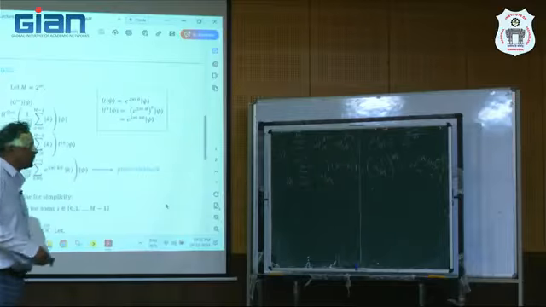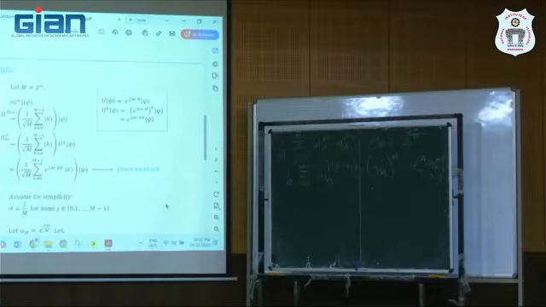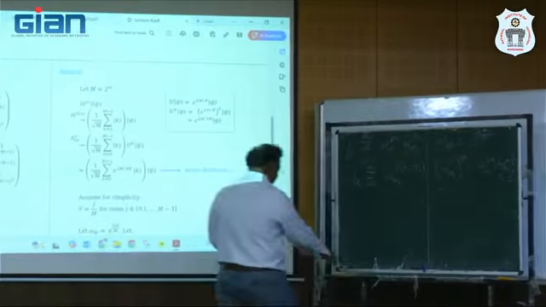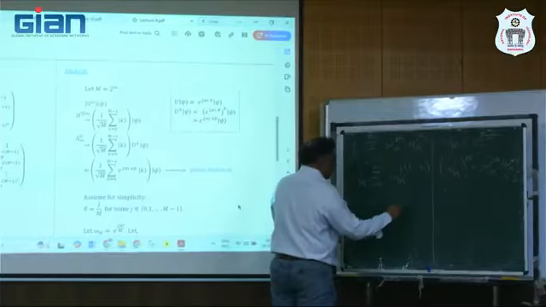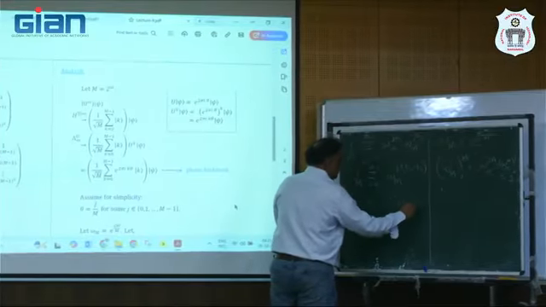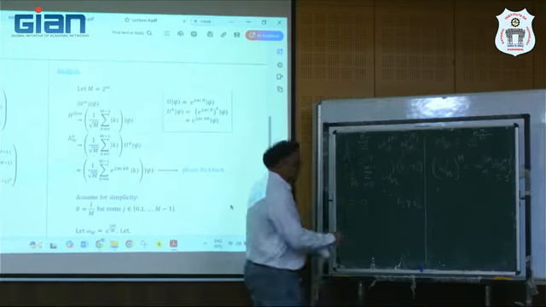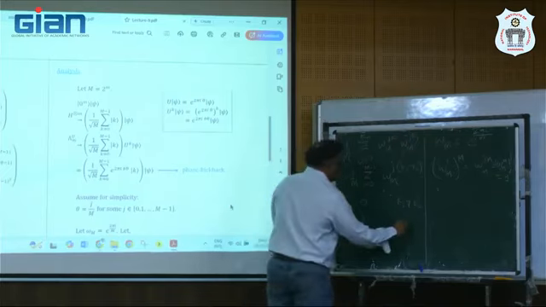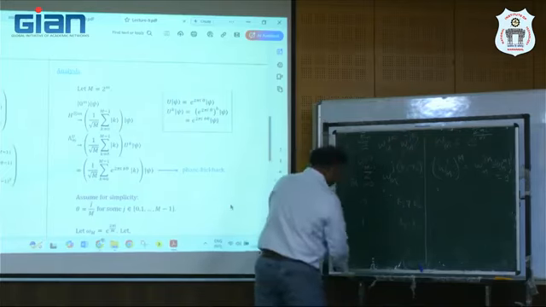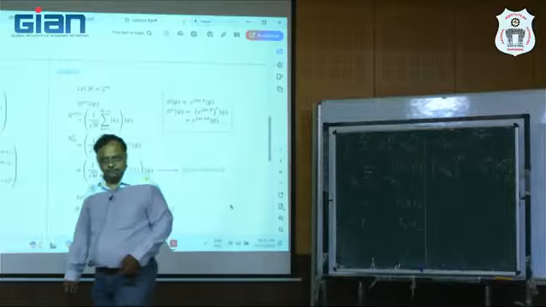But when you take k1 minus k2, if k1 and k2 are distinct, this goes to 0. It is equal to 0 for k1 different from k2, and equal to 1 for k1 equal to k2, correct?